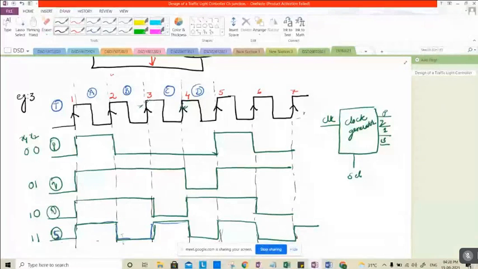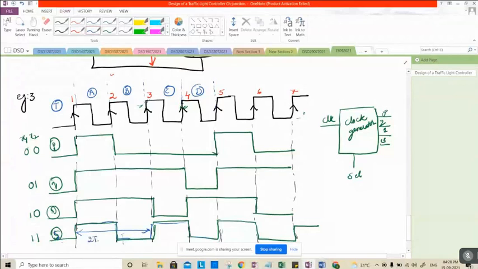In terms of time period, it will be 2t, right? This is 2t, the time period is double. Now what about the R signal? 3 times. So this is 1t, another t, another t, so this is 3t here.